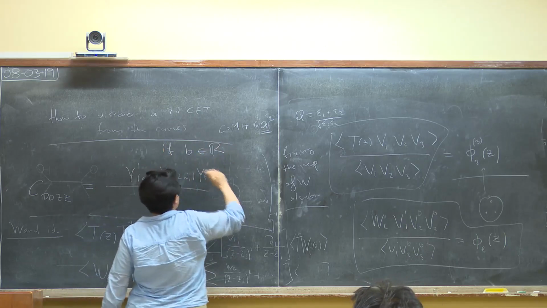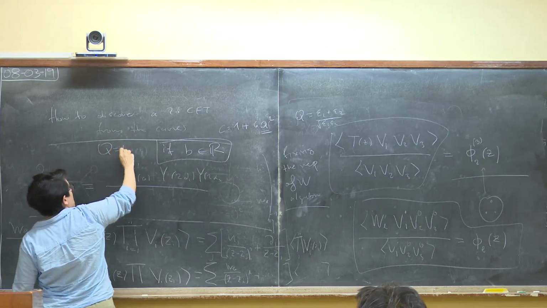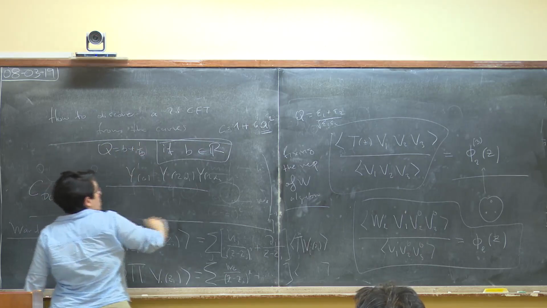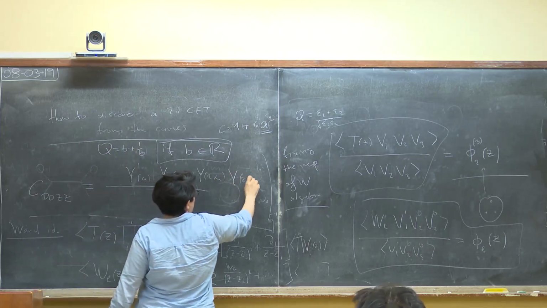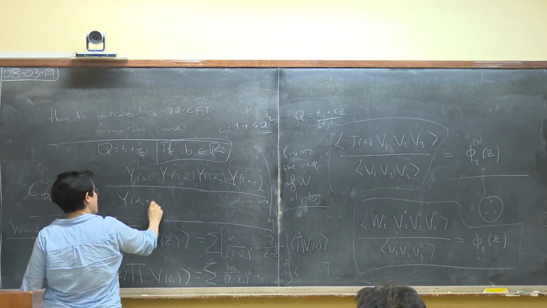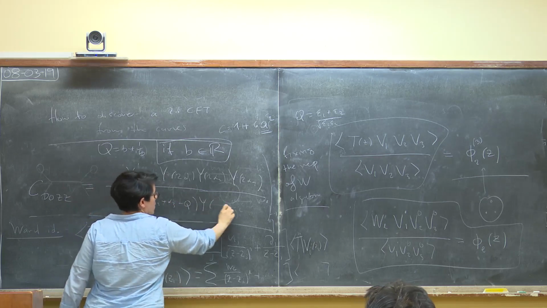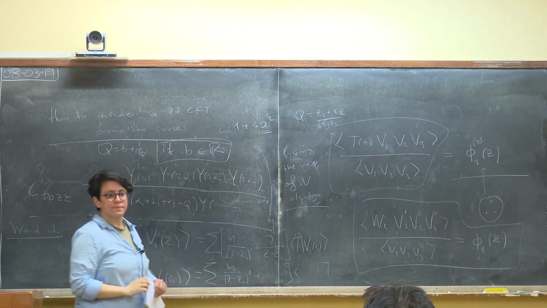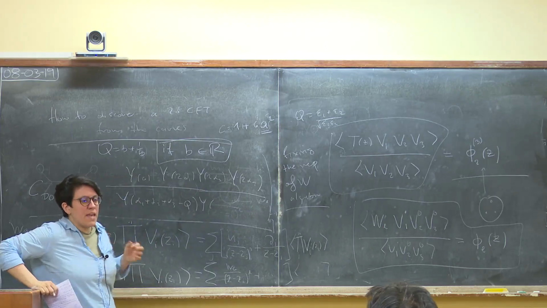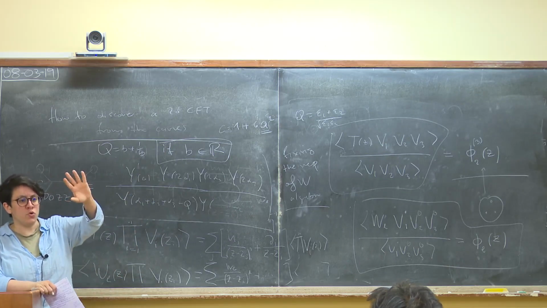Sorry, can you remind me what B was again? So there is only one CFT, put B equals 1. There are two requirements, and then it's unique.